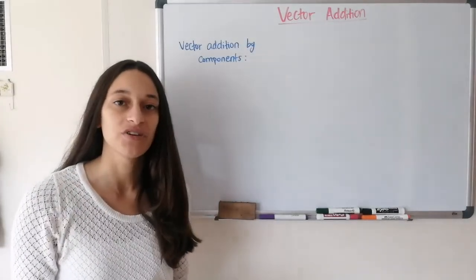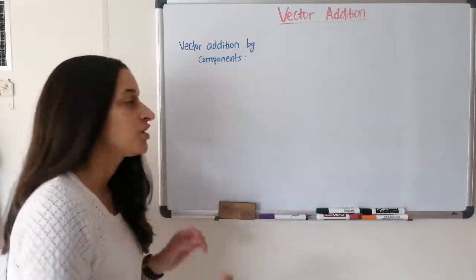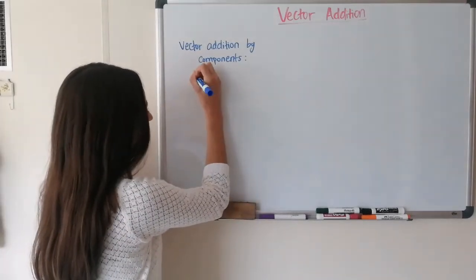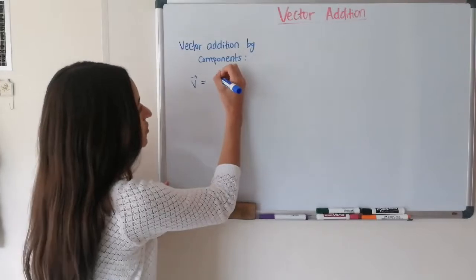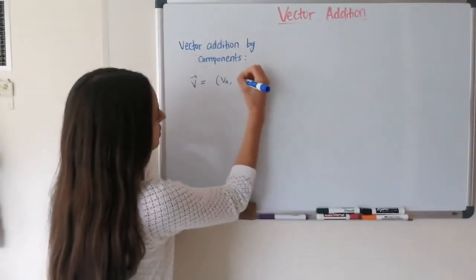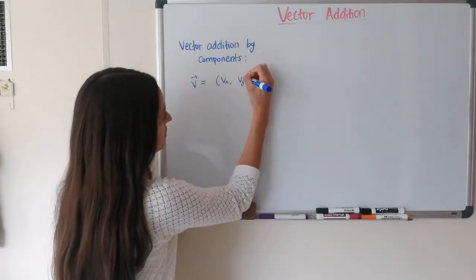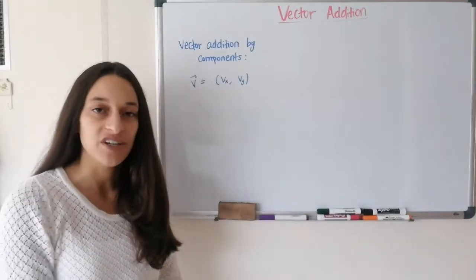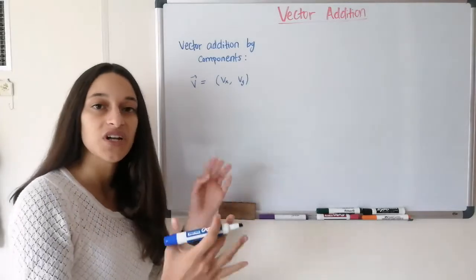When we have a vector given in the component notation, you might remember we give it as v with an arrow equals, and then we give the coordinate. In this case, we give the x component, comma, the y component. If we want to add two vectors, we're going to call them v1 and v2.